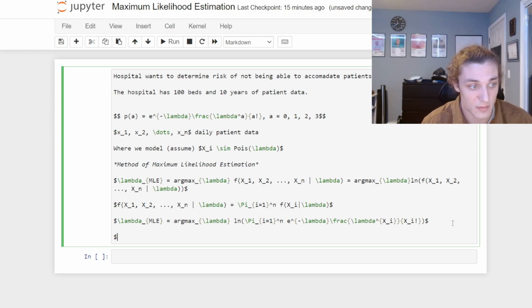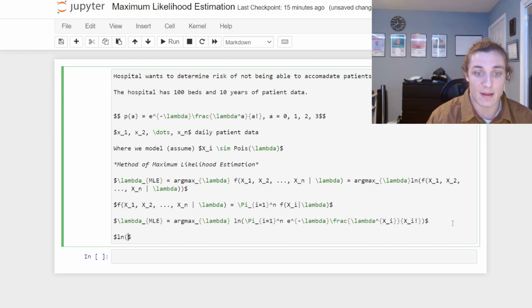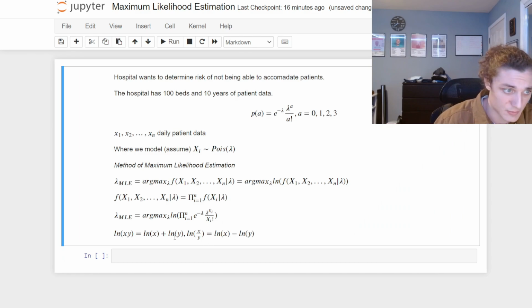Because if you recall, we have ln of xy is equal to ln of x plus ln of y. We also have that ln of x over y is equal to ln of x minus ln of y. So we're just going to use these in the context of this big product, and we're going to have a summation instead of the product, with subscripts i for the x's. That's what's going to enable us to convert this into a sum.